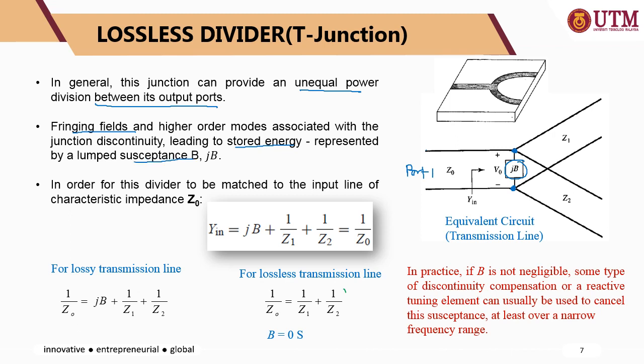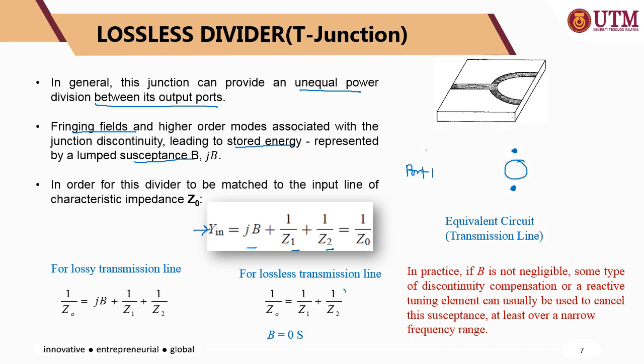In order for this divider to match to the input line, the total admittance must be equal to 1 over Z1 plus 1 over Z2 plus the susceptance must be equal to 1 over Z0.